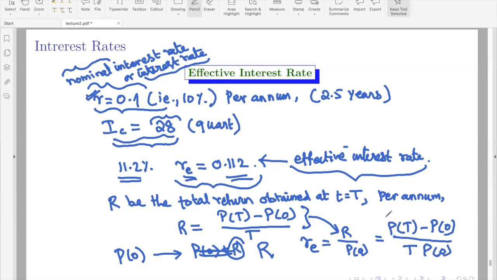Now you know from the compound interest formula how to write this. So you can use the compound interest formula here, and then you can get the final formula for the effective interest rate. Let me leave it as an exercise to you to complete it.